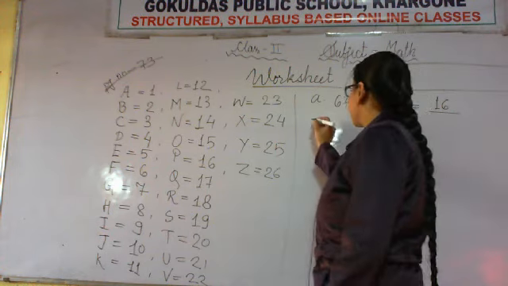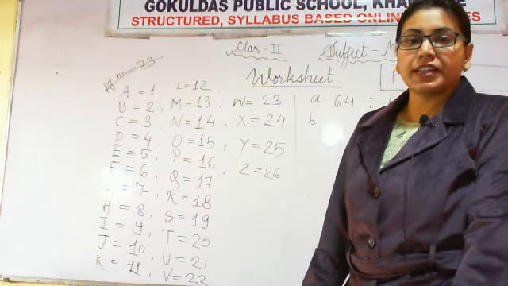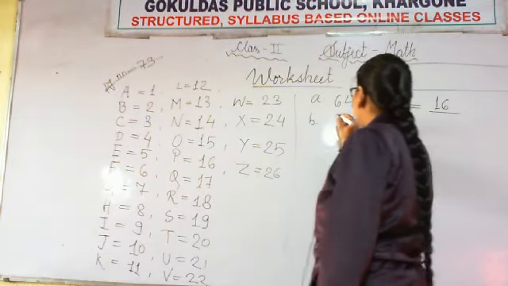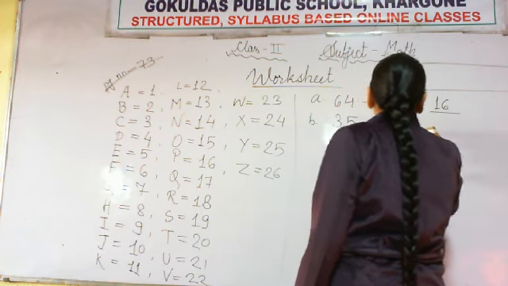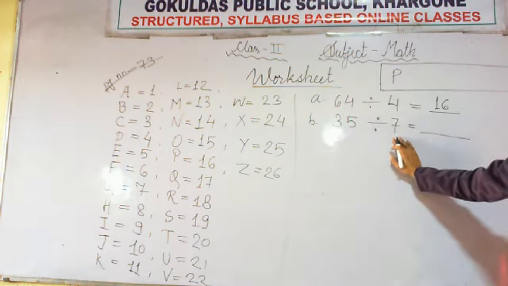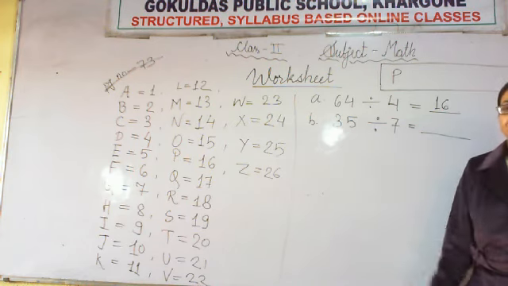Now question B. 35 divided by 7. For this you need to know the table of 7. Check whether 35 comes in the table of 7 or not.